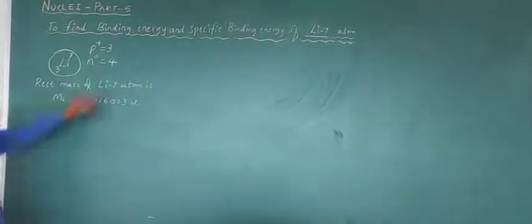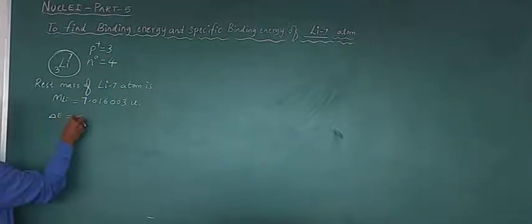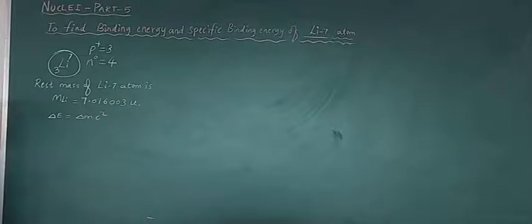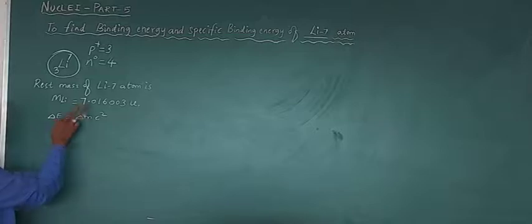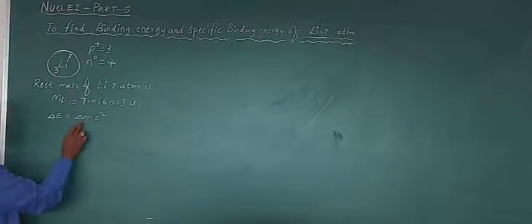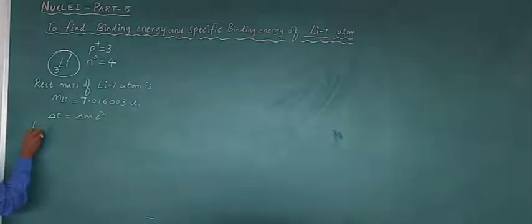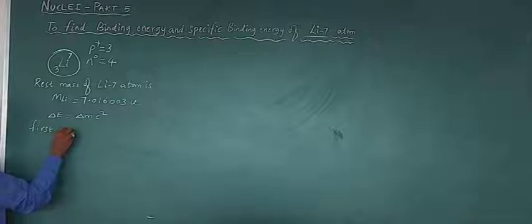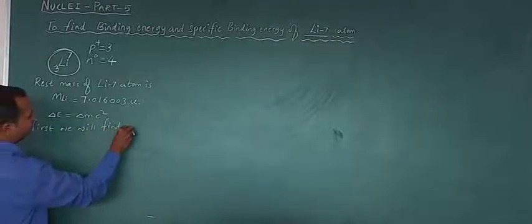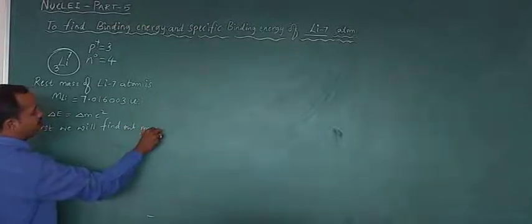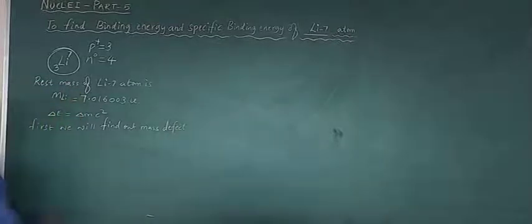To find the binding energy, the formula is delta E equals delta m c squared, according to Einstein's mass-energy relation. But to find the binding energy of the lithium 7 atom, we need to find the mass defect first. What is the mass defect of the lithium 7 atom?